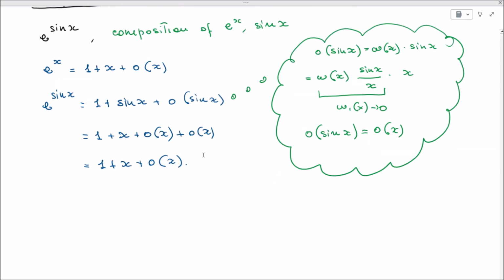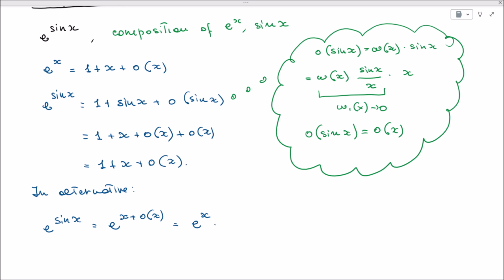Now, in alternative, we can do the following. We can write e to the sine of x. We can just replace the expansion of sine of x. So we have e raised to the x plus little o of x, which is e to the x times e to the little o of x, right?